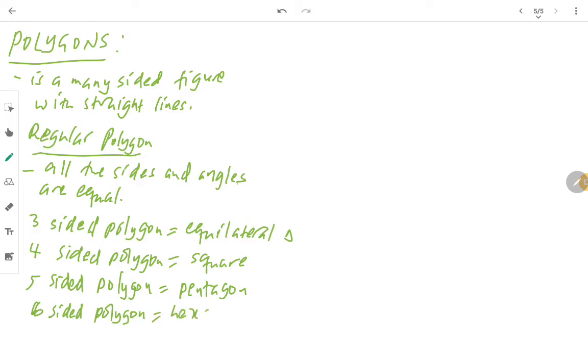Remember that they can go to many sides. So we know the six-sided is a hexagon. The seven-sided is a heptagon. Some call it a septagon.